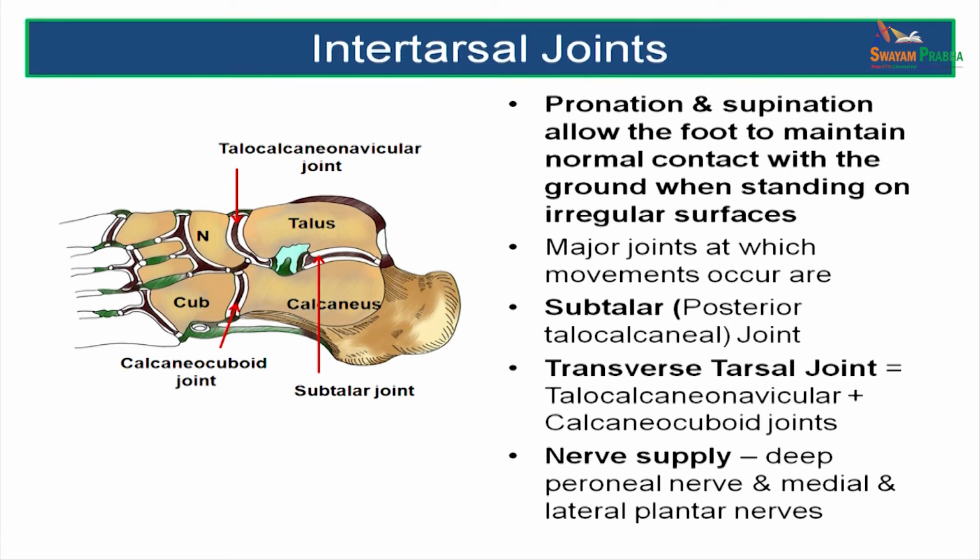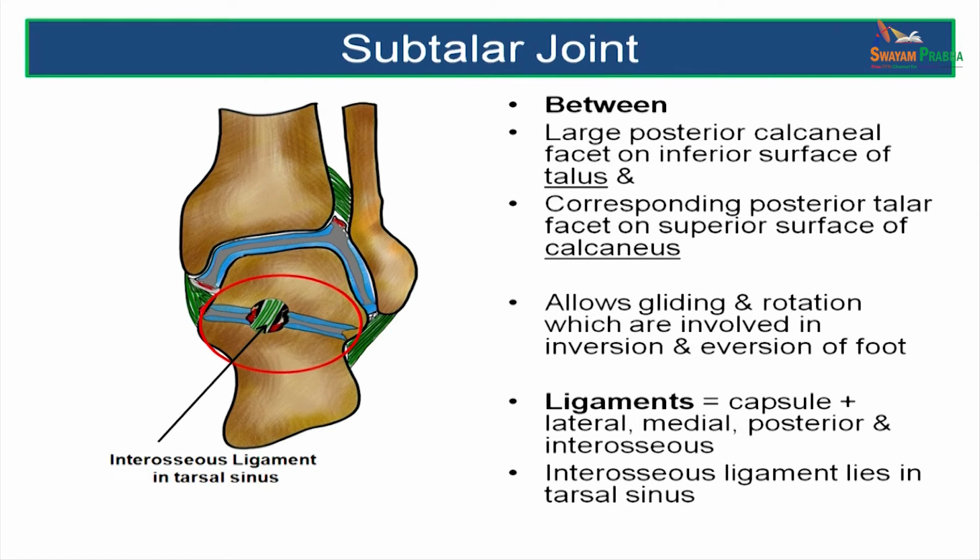The transverse tarsal joint is a joint between the talus, calcaneus and navicular medially and the calcaneus and cuboid laterally. So, these are called the talocalcaneonavicular joint and the calcaneocuboid joint. The nerve supply to these joints is by the deep branch of the peroneal nerve and the medial and lateral plantar nerves.